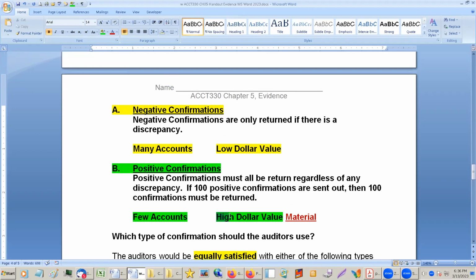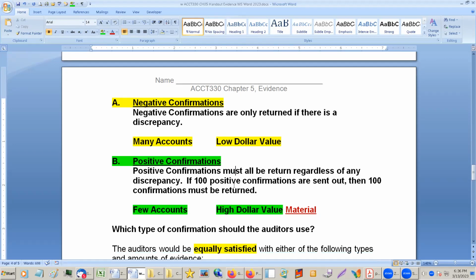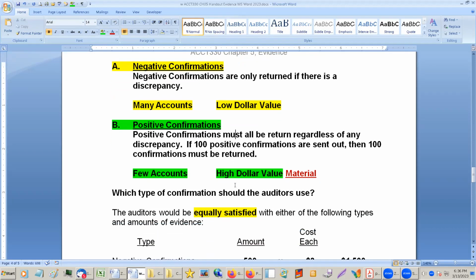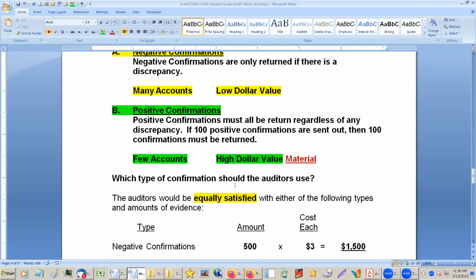If these are $200,000 accounts, each one of those accounts might be material and you want to get it back. Any one of those might be a material misstatement. So the kind of evidence you're looking for may also dictate which one of these you use.